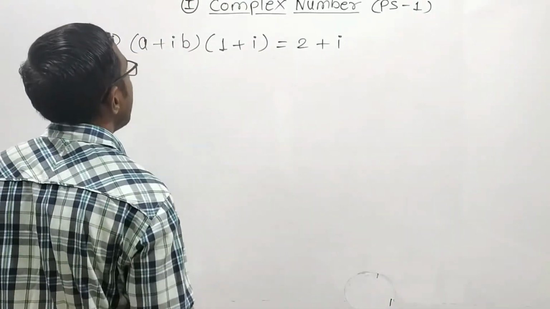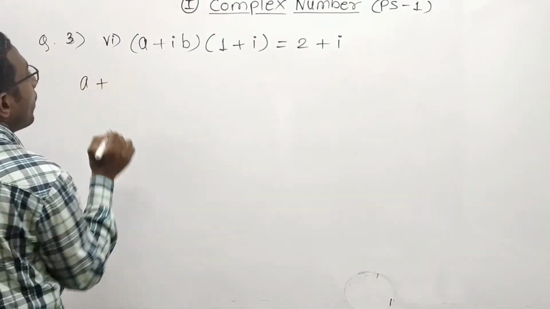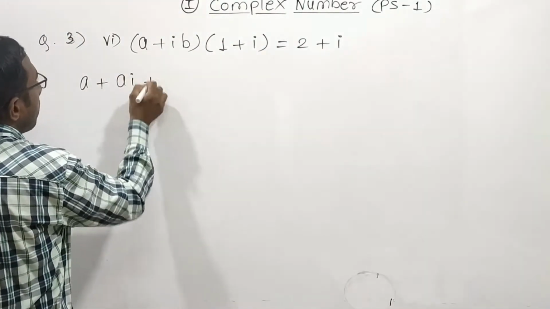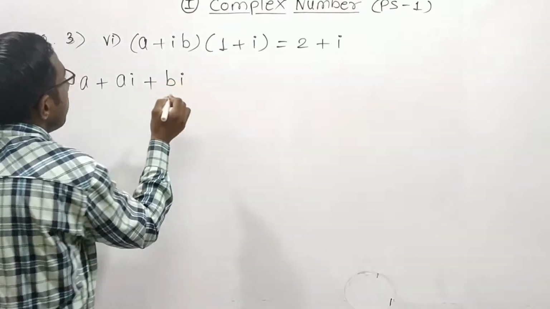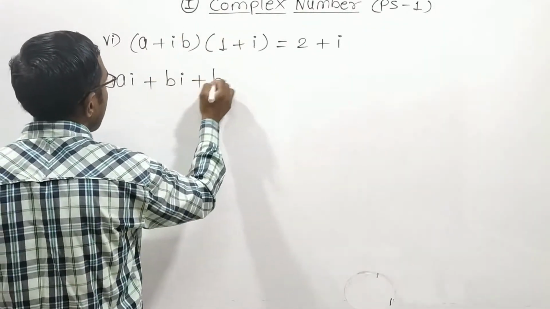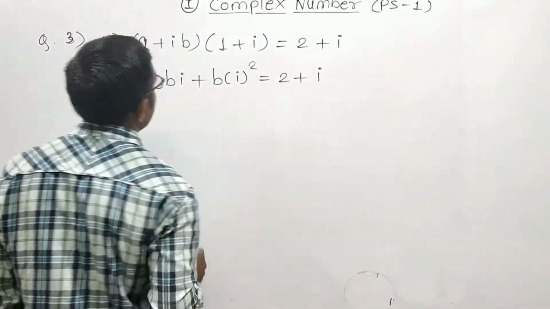Simply take this multiplication. a into 1 is a, plus a into i is ai, plus ib into 1 is ib, write it as bi, and ib into i is b i square, is equal to 2 plus i.